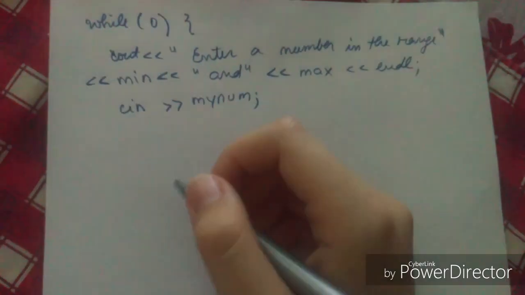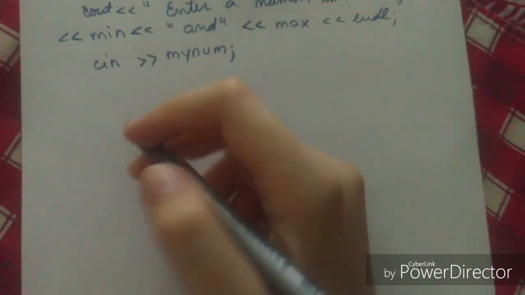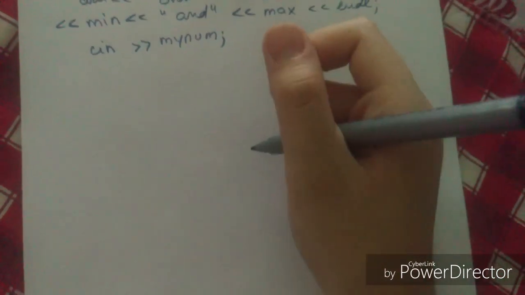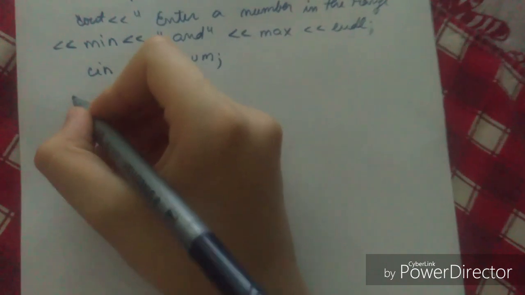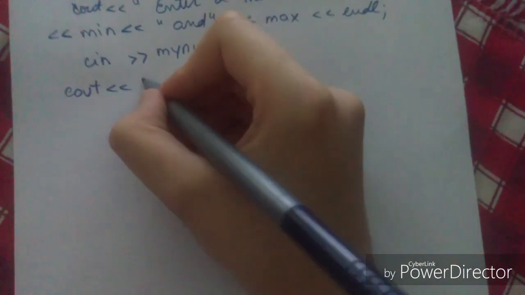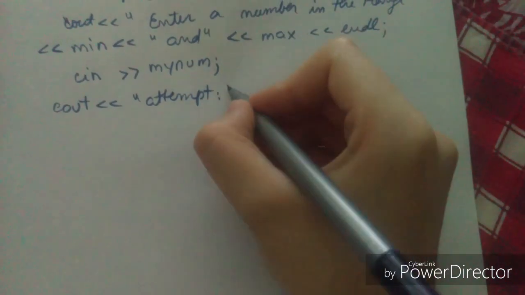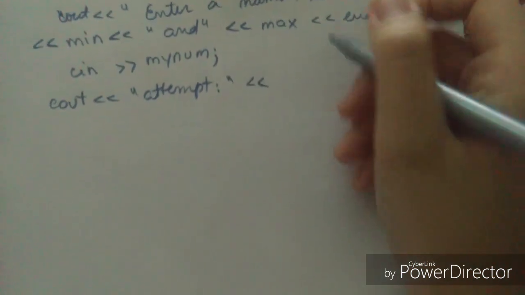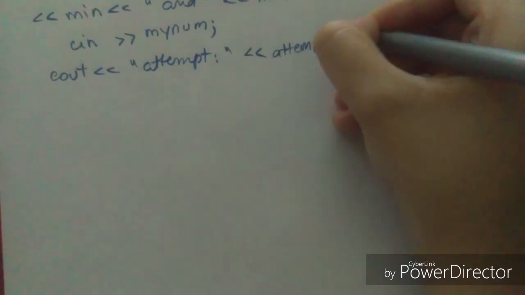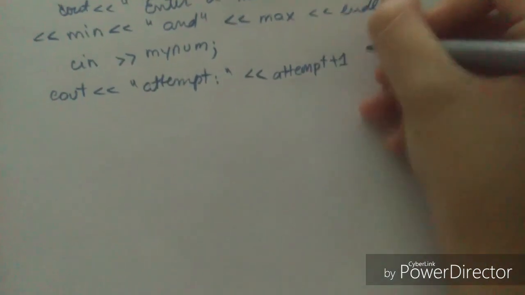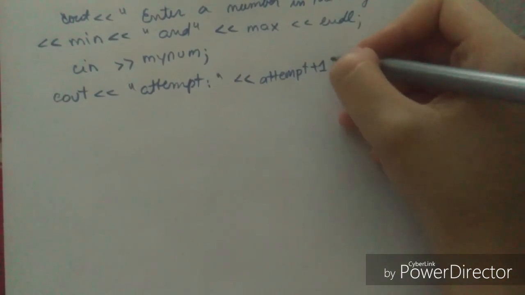It's time to display the nice heading to let the user know what attempt they are at and what number they guessed. So we're just going to say something like cout attempt colon, and we can just put the variable of the attempt +1 if you initialize it at 0, and then just tell the user what the number is.